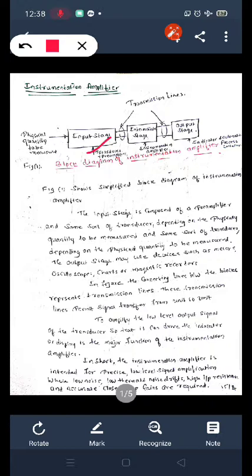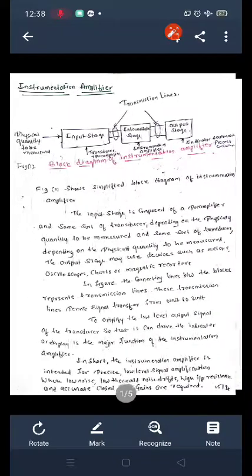In between we have transmission lines. So it mainly consists of input stage, intermediate stage and output stage. This figure shows the simplified block diagram of the instrumentation amplifier.